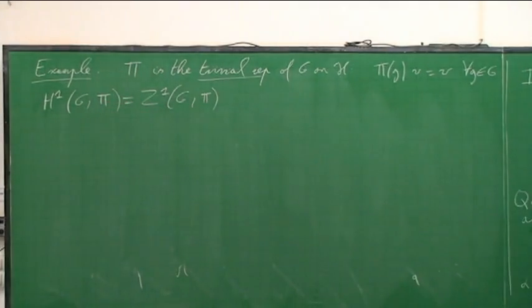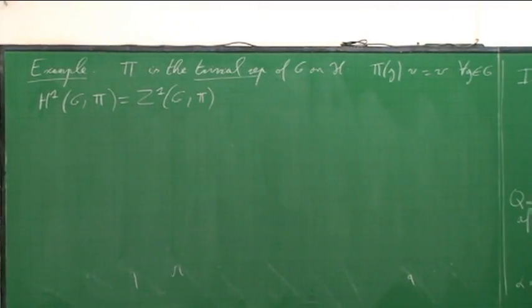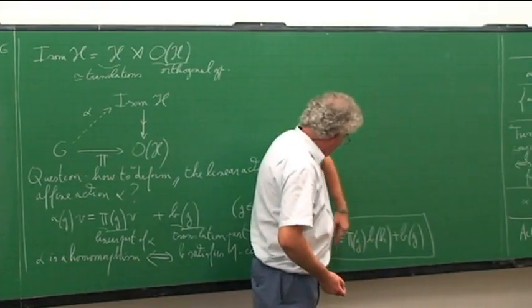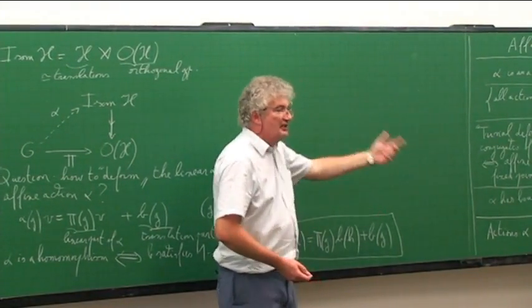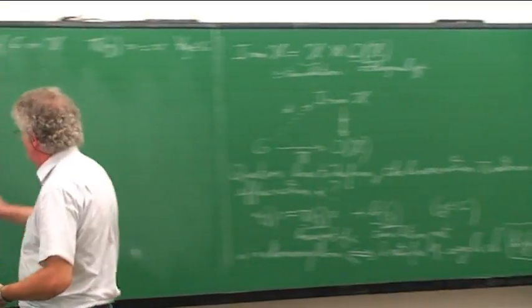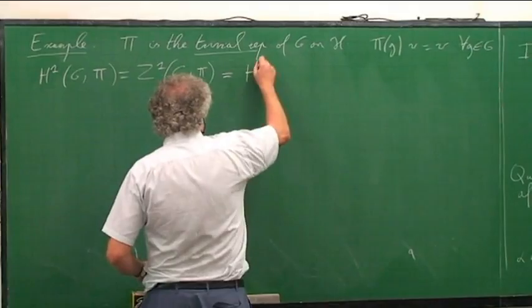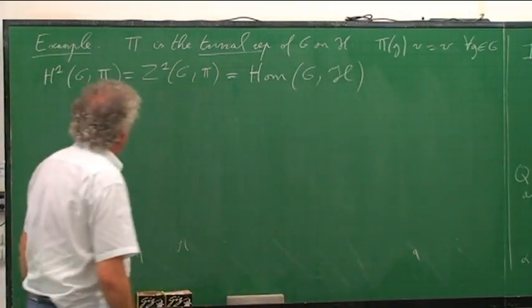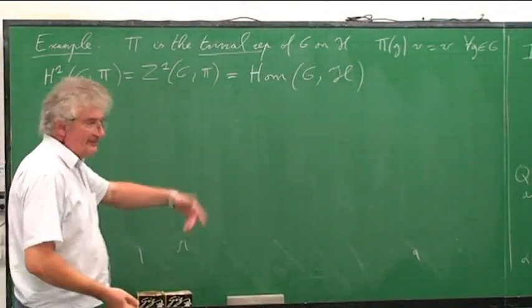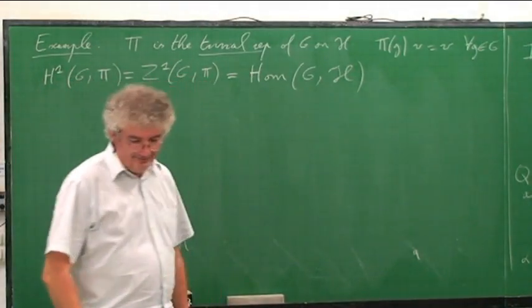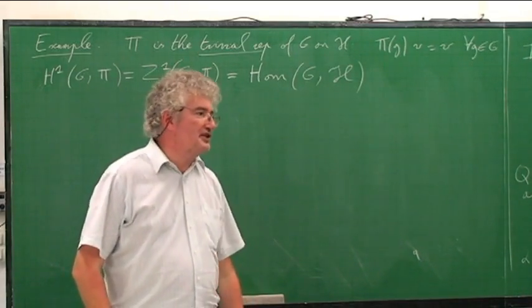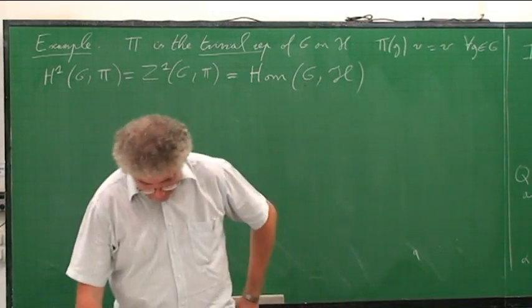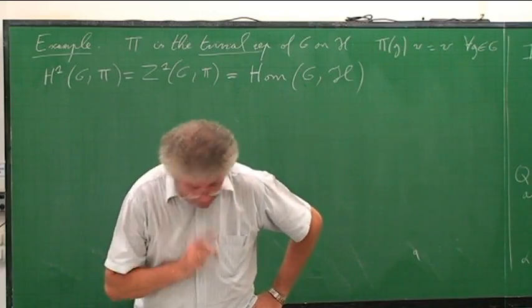But what does the cocycle relation give in this case? pi(g) is the identity, so we see that the cocycle relation just tells that b is a homomorphism from G to the additive group of the Hilbert space. And of course, if G is simple, there is no such homomorphism. Or more generally, if G is perfect, so if the abelianization is trivial.